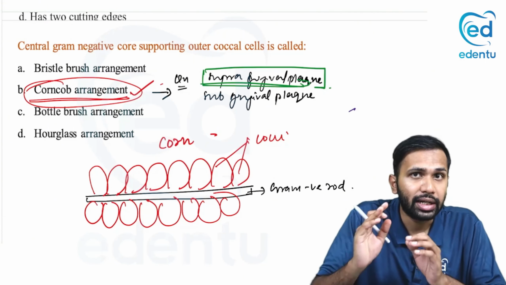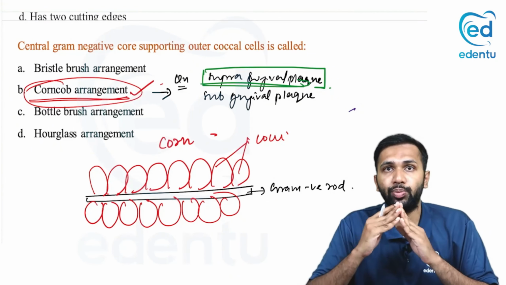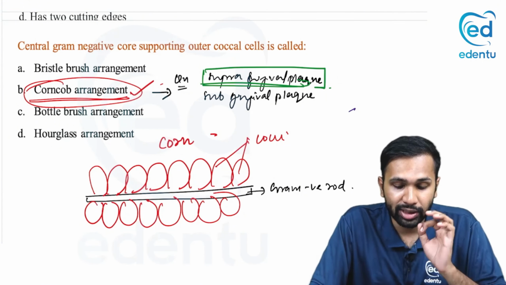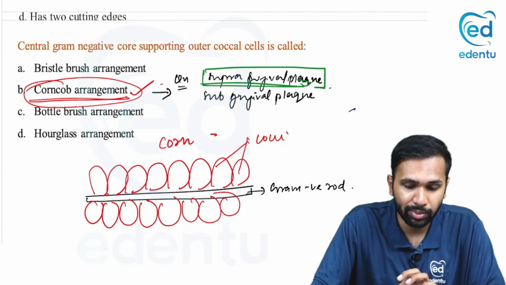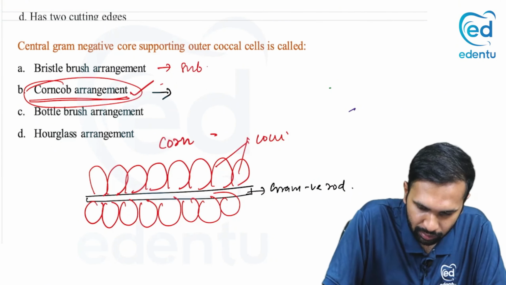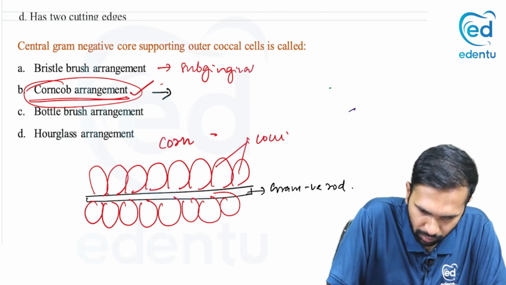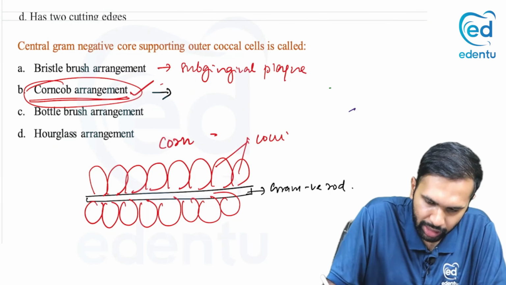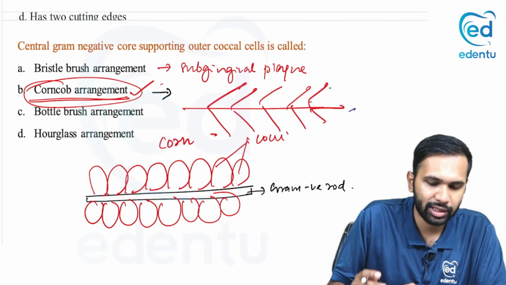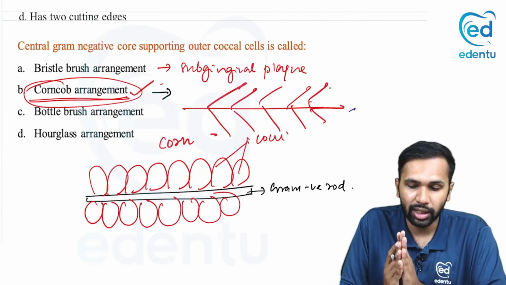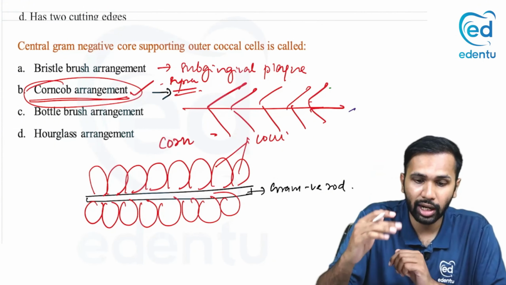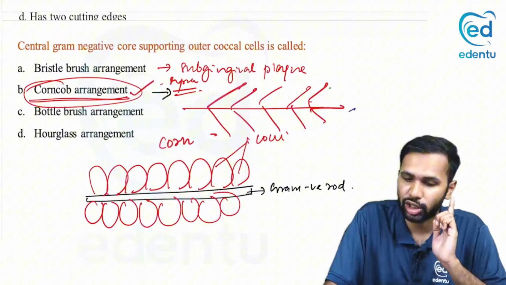Whereas the bottle brush or bristle brush arrangement is a feature of subgingival plaque. Right? It is arranged like this. A bristle brush arrangement is a characteristic feature of subgingival plaque, whereas corn cob is seen in supragingival plaque, a central gram-negative rod over which cocci are attached.